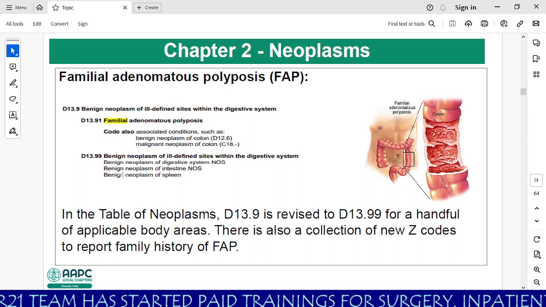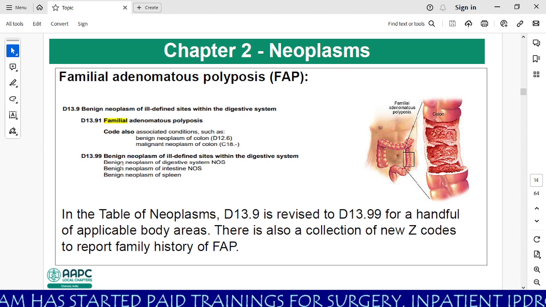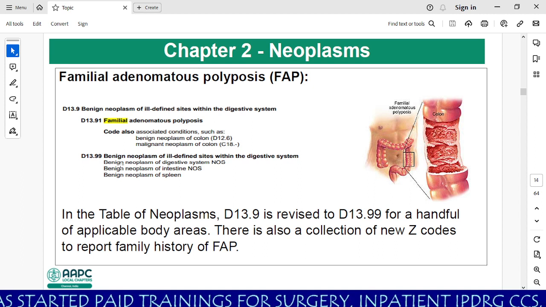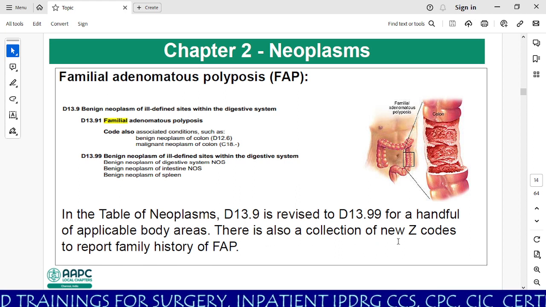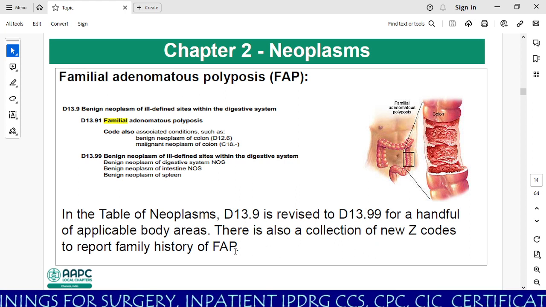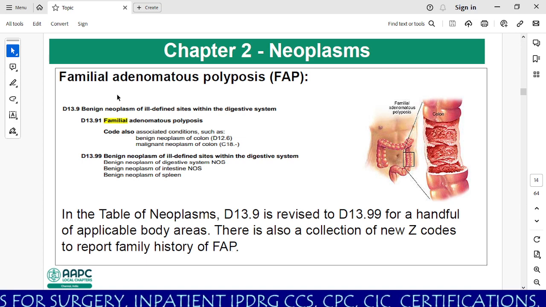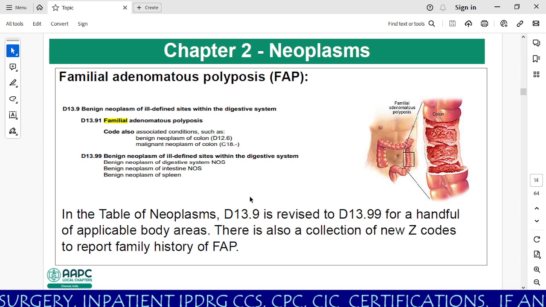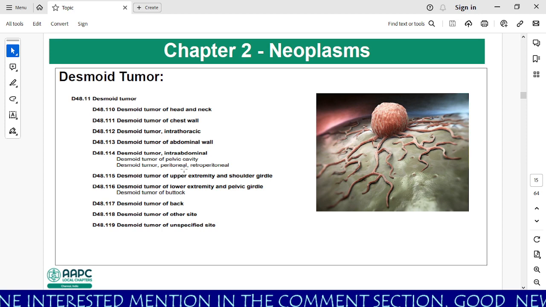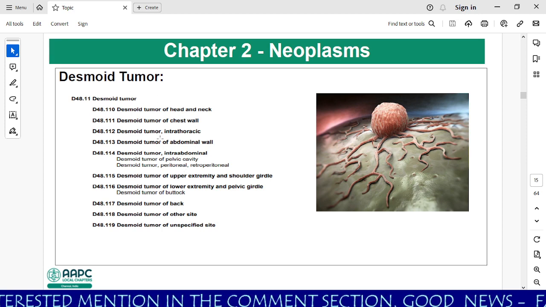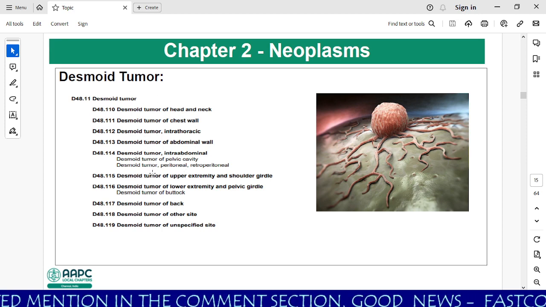They have added these in the new guidelines as new codes. And also we have new Z codes for family history of FAP, familial adenomatous polyposis. And also in this chapter, we have desmoid tumor. So these are the new codes in 2024.